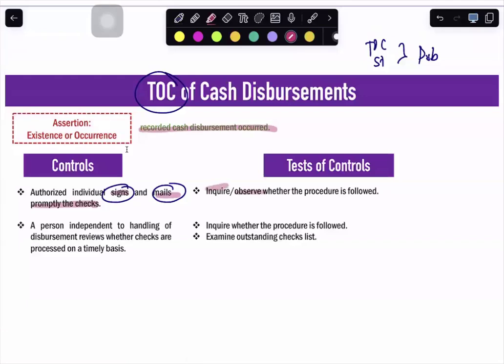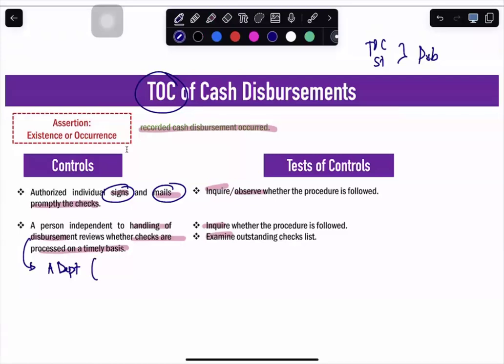Next, a person independent of handling of disbursement reviews whether checks are processed on a timely basis. So this is now in your accounting department. So they will check whether the checks are processed on a timely basis. So how do we test the control? Again, you either inquire whether there is a procedure and the procedure is followed, and you examine the outstanding checks.